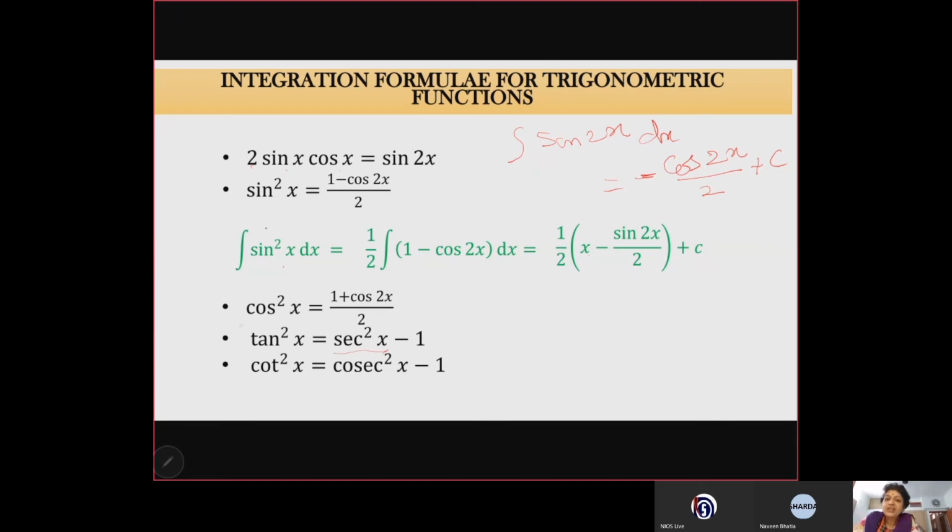So what would be integral of tan square x dx? It would become integral of sec square x minus 1 dx. So that makes it tan x minus integral of 1 dx, which is x, plus c. So similarly, we can do it for cot square x as well.